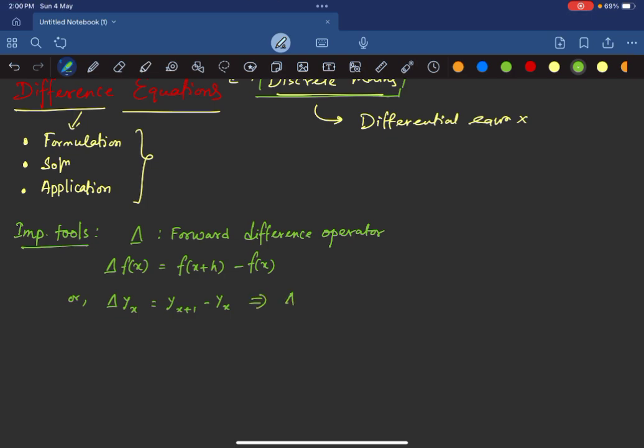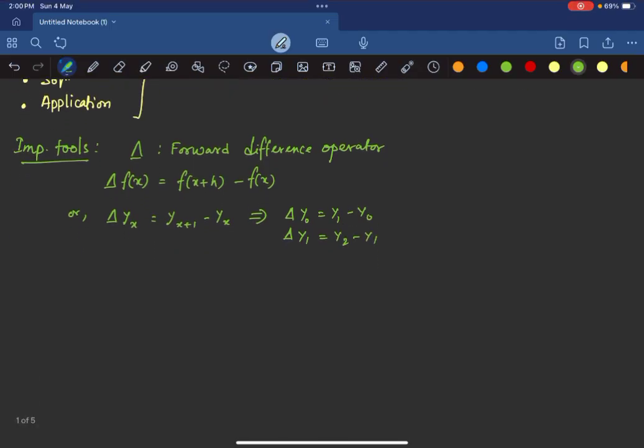So as per this notation, delta y0 is y1 minus y0, delta y1 is y2 minus y1, and so on, delta yn is y(n+1) minus yn. This is the first order forward difference operator.